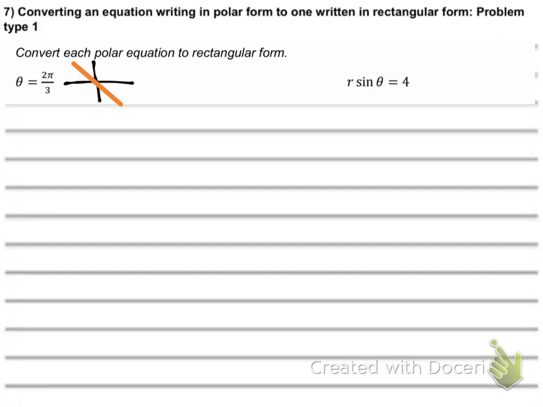So when we just have a theta there, we're going to take the tangent of both sides. It seems kind of strange. Tangent theta is the tangent of 2 pi over 3.